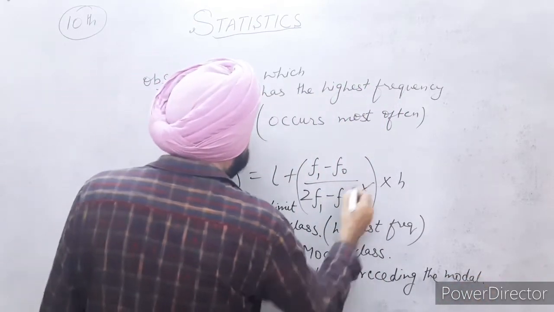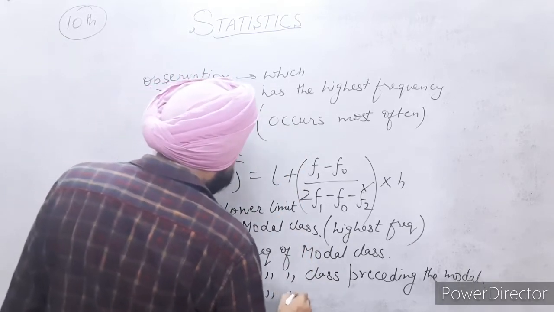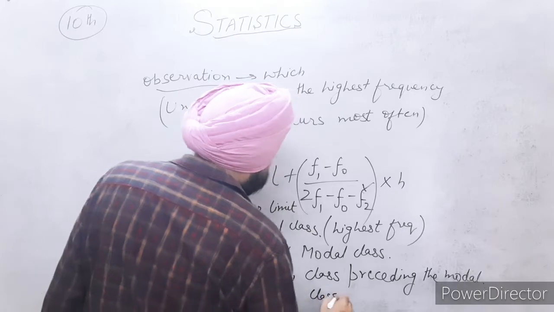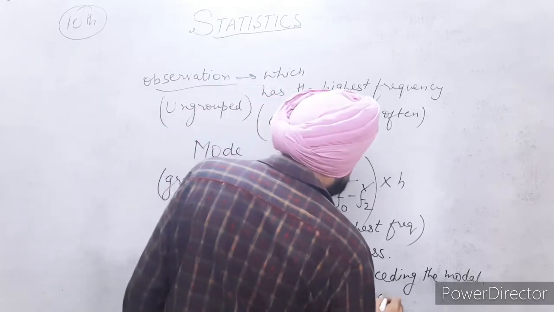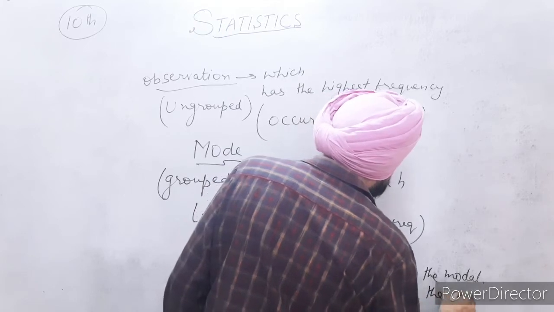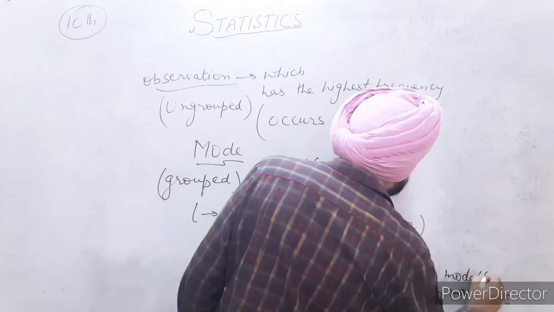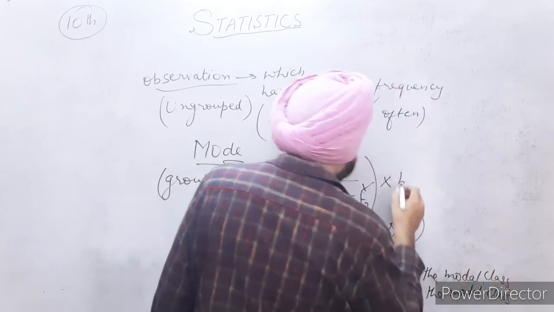And this F2 is the frequency of the class succeeding the modal class. And what is H?